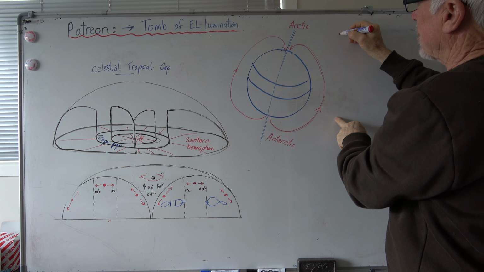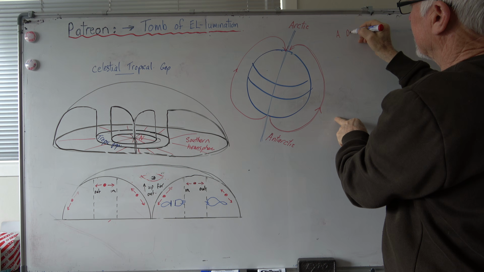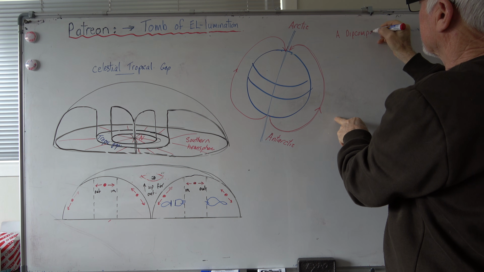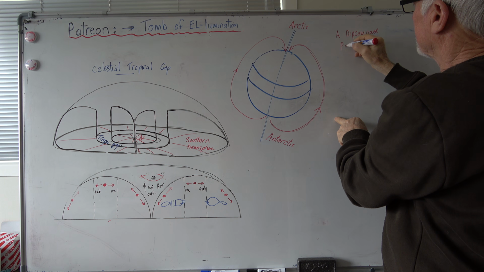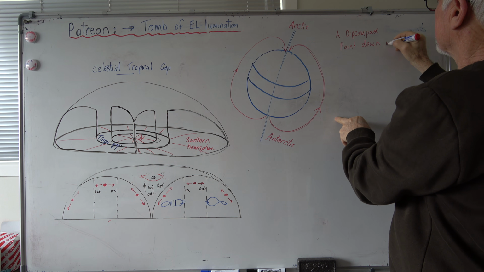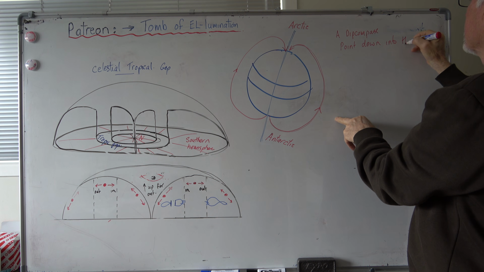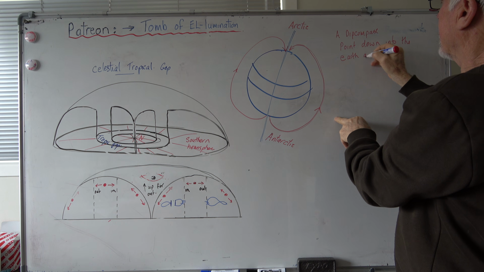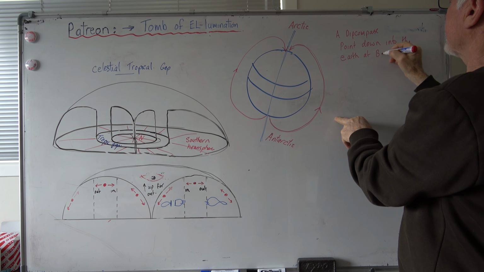But at the same time, a dip compass points down into the earth at both Arctics.